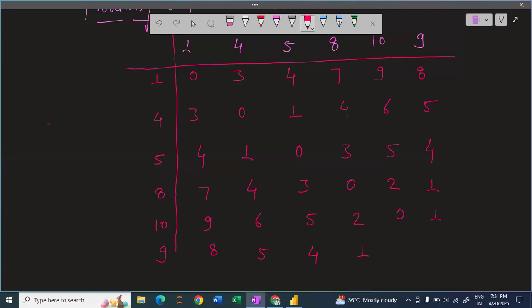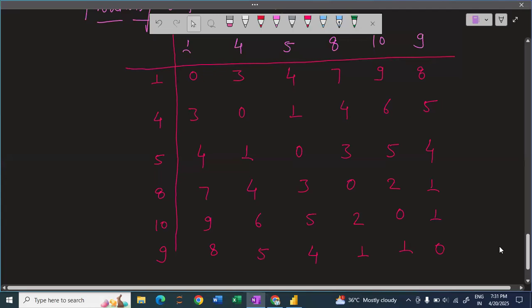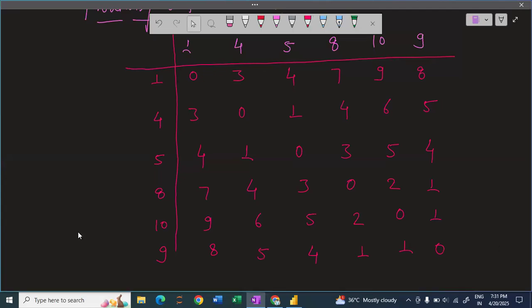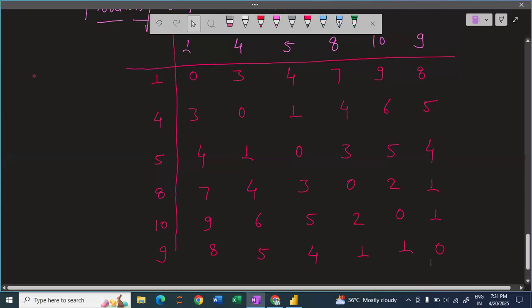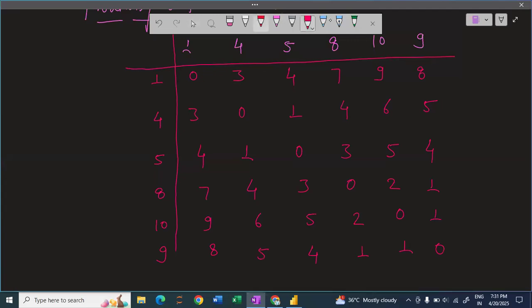And 1 and 0. Now look at this matrix and tell me what is the minimum difference between two data points. The minimum difference is 0? See, we don't subtract the same data points. These are the real data points: 1, 4, 5.